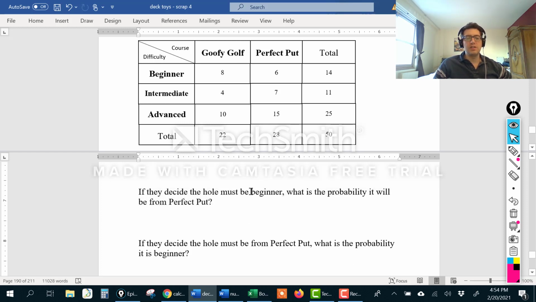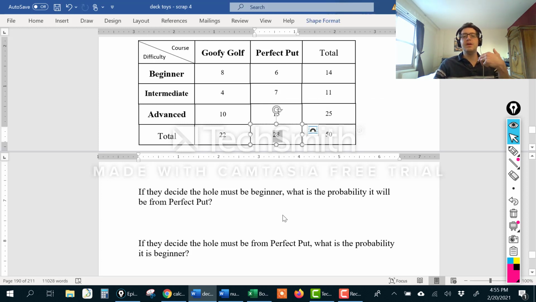Both of these questions mentioned beginner difficulty level, and both of the questions mentioned that the golf course they wanted was Perfect Putt, but these questions are not the same. For this question, they decided that the hole must be beginner, so we were looking at the total number of beginner holes. For this problem, they have decided that the hole must be from Perfect Putt, and therefore we're going to begin by looking at the total number of holes from the Perfect Putt golf course, which is 28.